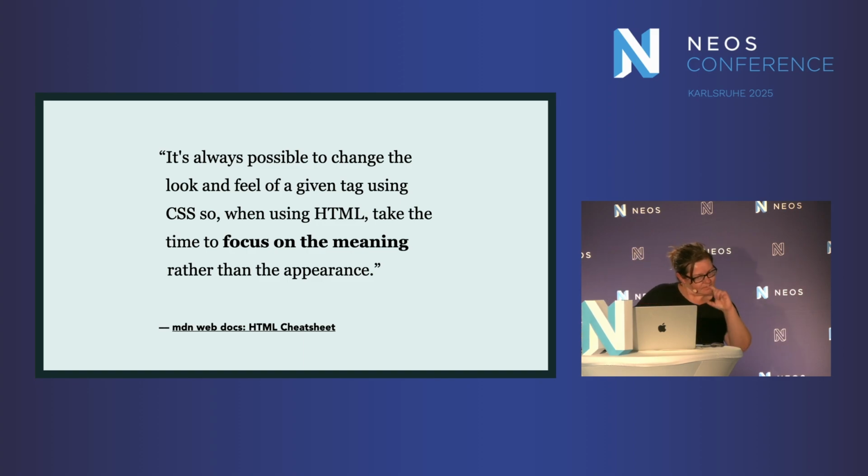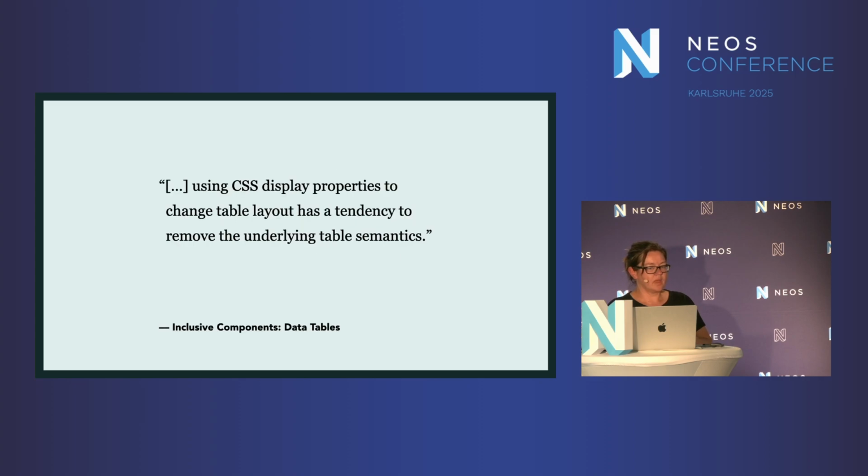But another tiny pitfall, there's an exception to every rule, in this case, tables. Tables when applying a different display property. Imagine a table and you have applied display flex. That will break the semantic meaning of a table.